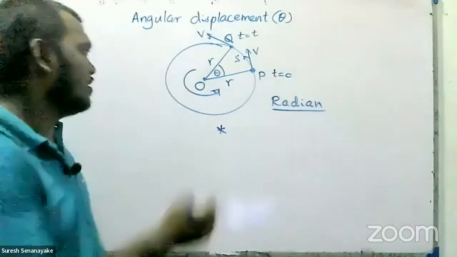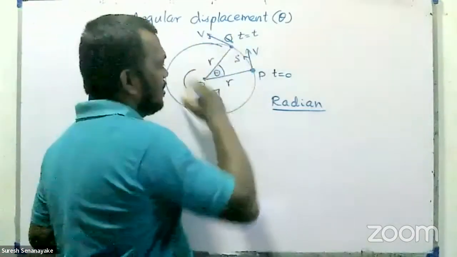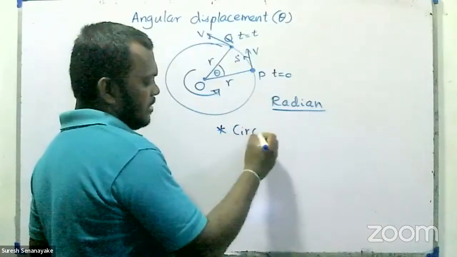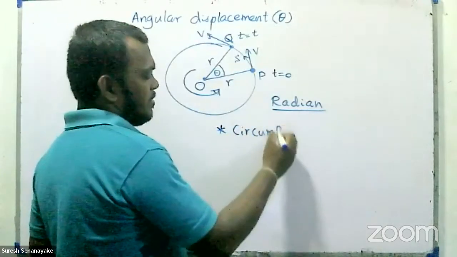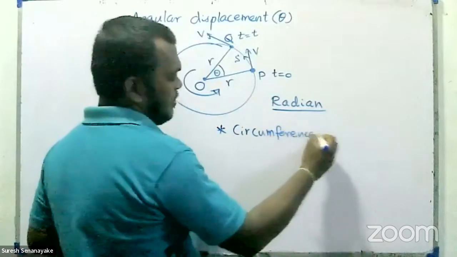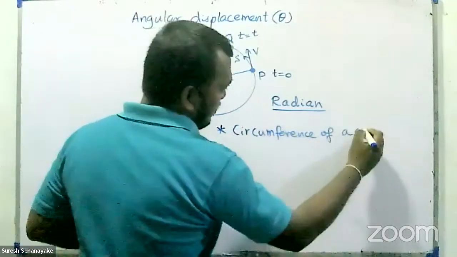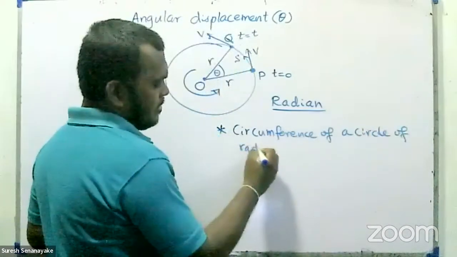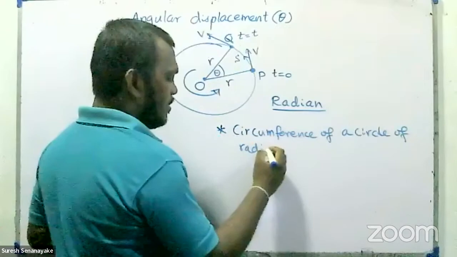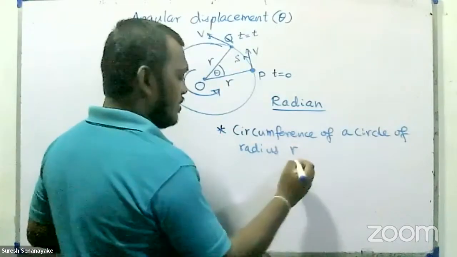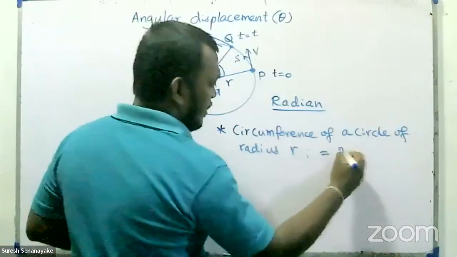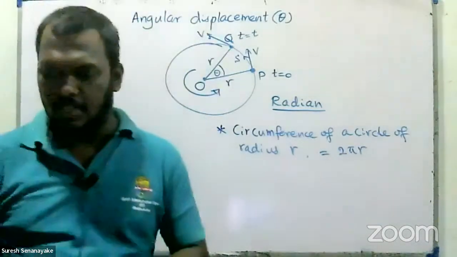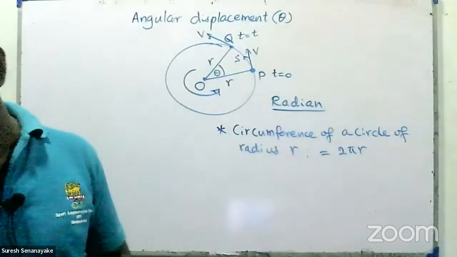You know the circumference length. What is the circumference? The circumference of a circle of radius r is equal to 2 pi r.